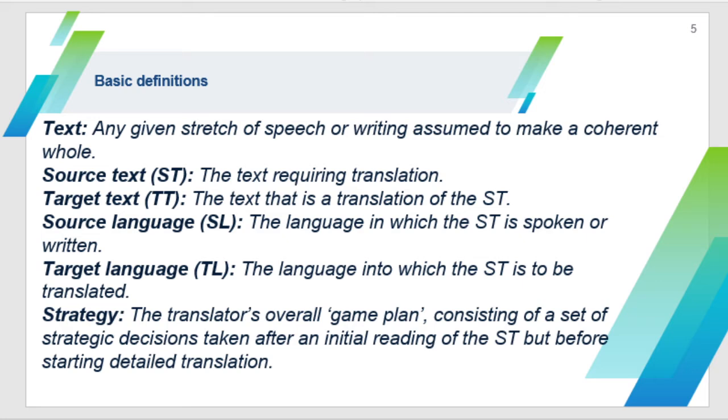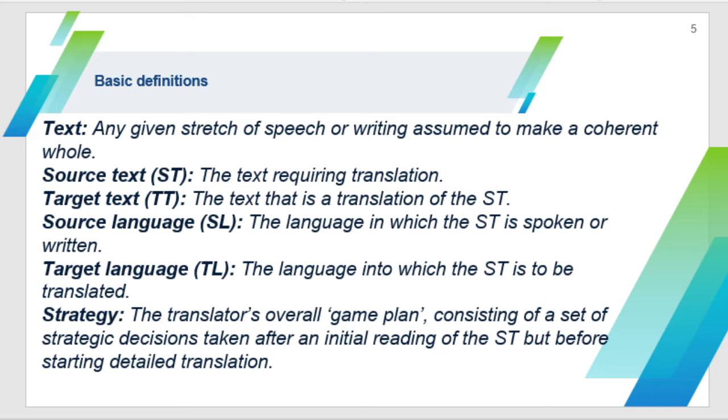So, the strategy. Each translator has his own strategy or game plan, which consists of a set of strategic decisions taken after the initial reading of the source text, but before starting detailed translation.